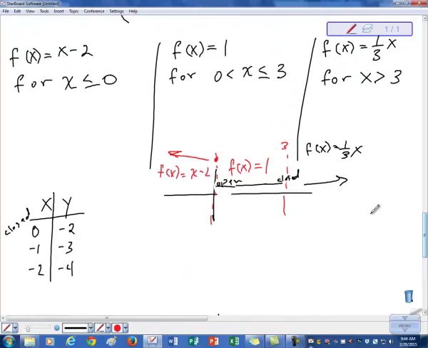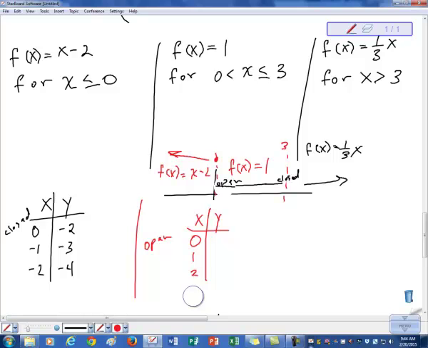Okay, now let's look at the next one, f of x equals 1. So here's our table of values. And so we start with 0 again, but because x is greater than that, it's open. And we go 1, 2, 3.